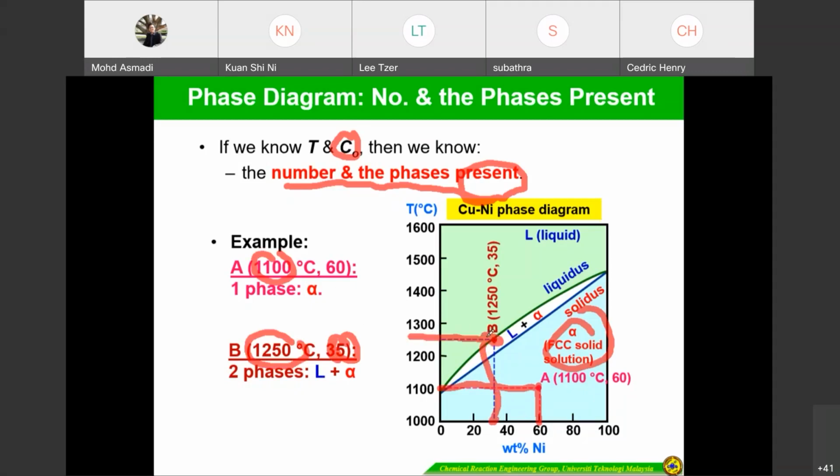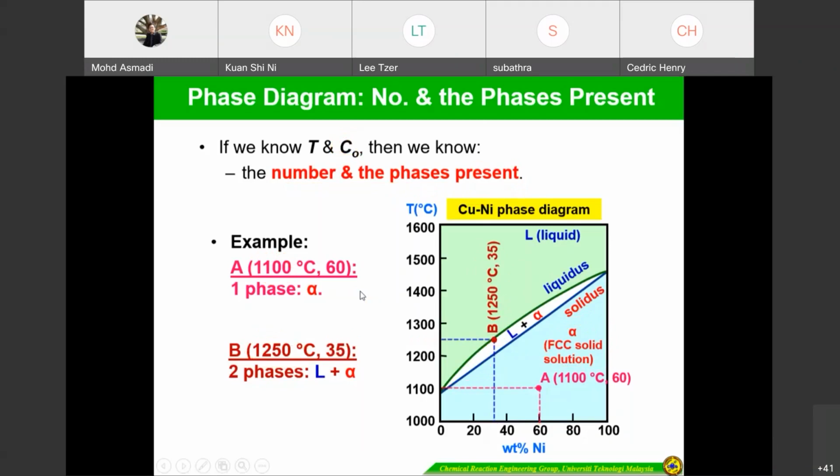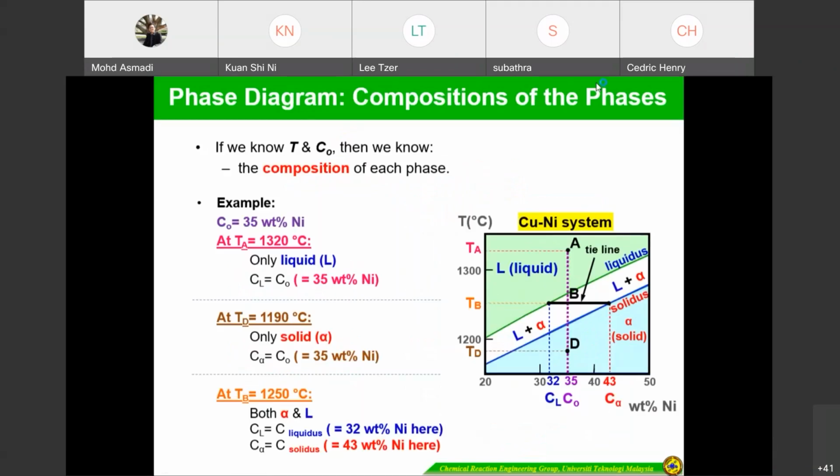So it is actually here on the liquidus. The phases are liquid and solid alpha; if you extend the temperature, it becomes liquid. How about the compositions? For example 35 weight percent, at temperature TA, this is all liquid.